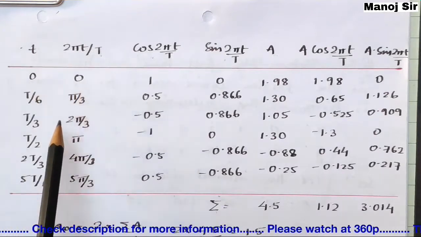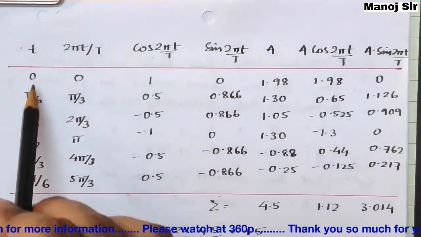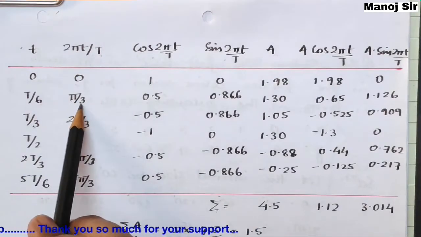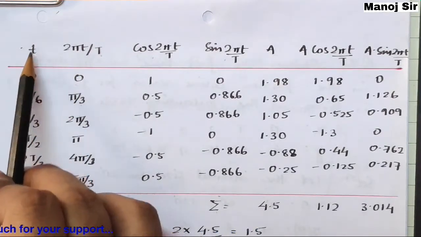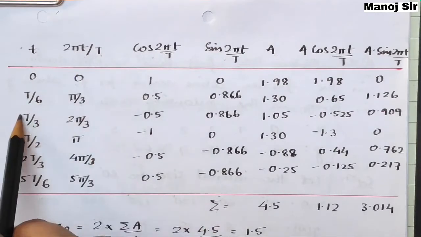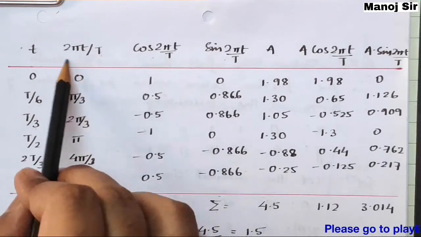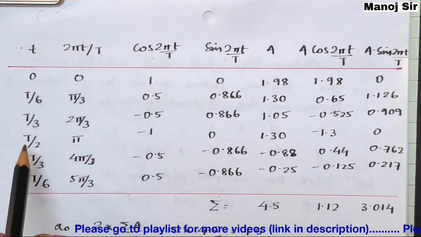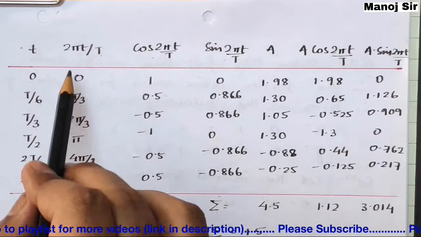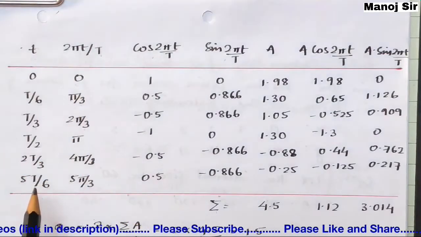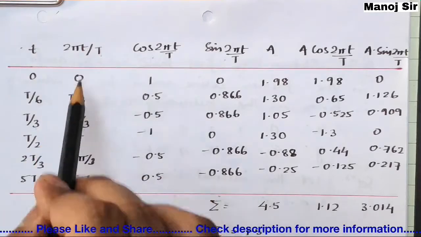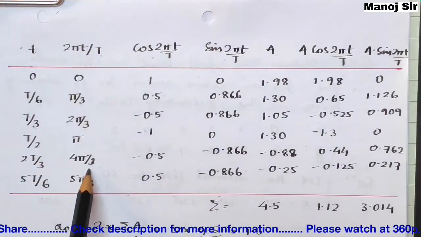If you put t equals T by 6, you will get pi by 3. If you put t equals capital T by 3, you will get 2 pi by 3. Similarly if you put t equals T by 2, you will get pi. Again if you put t equals 2T upon 3, you are going to get 4 pi upon 3.